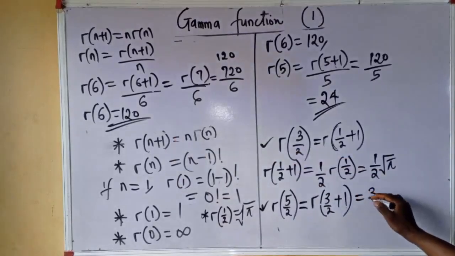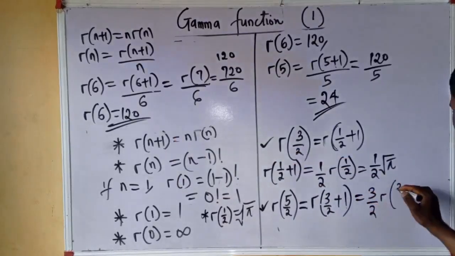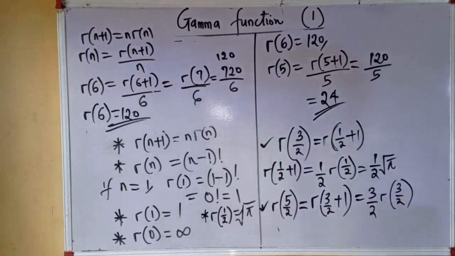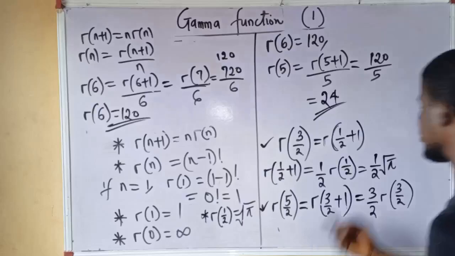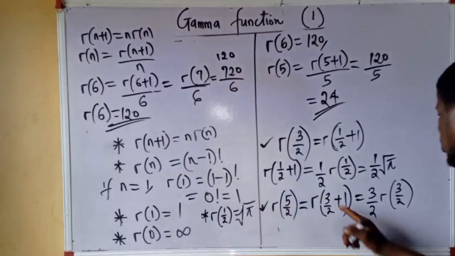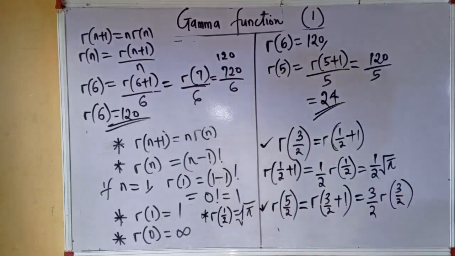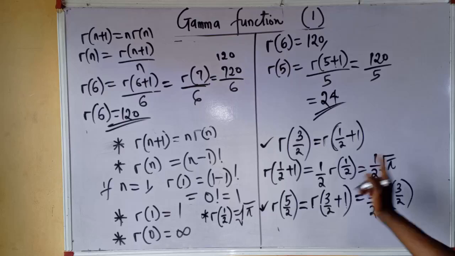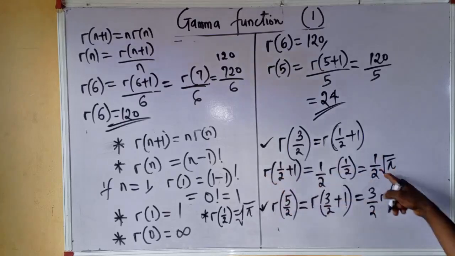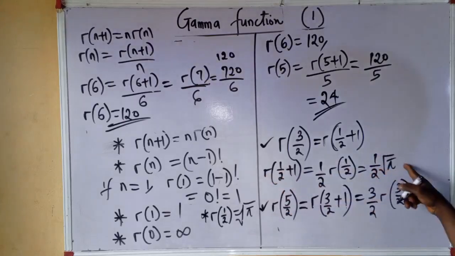It will be 3 over 2 gamma of 3 over 2, because gamma of n plus 1 is n gamma of n. So gamma of 3 over 2 plus 1 is 3 over 2 gamma of 3 over 2. We have deduced the value of gamma of 3 over 2, and that is 1 over 2 root pi.